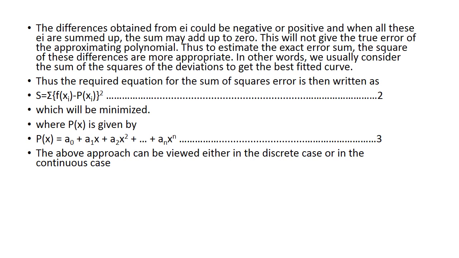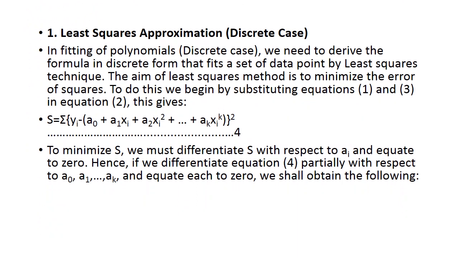Once that data is gotten in a tabular form, you now get the deviation, that is the difference between the actual value and that of the fitted equation. The sum of the squares of the deviations is what we refer to as least squares. So the smallest between the two is the least squares of the two.